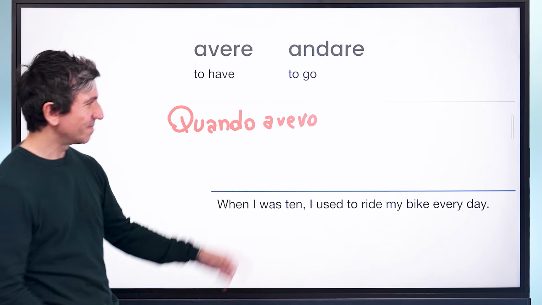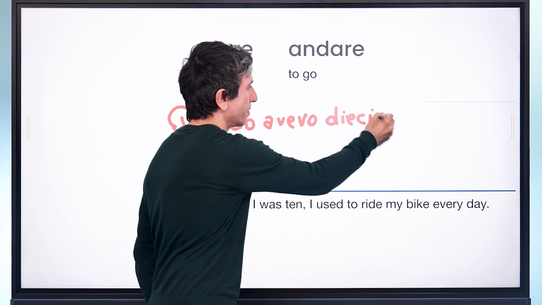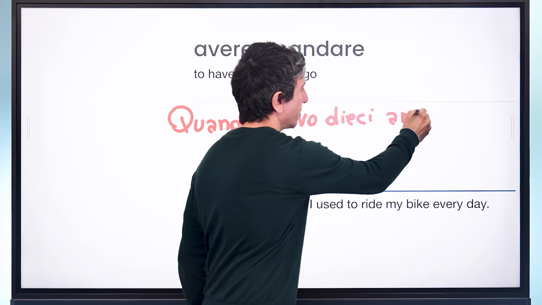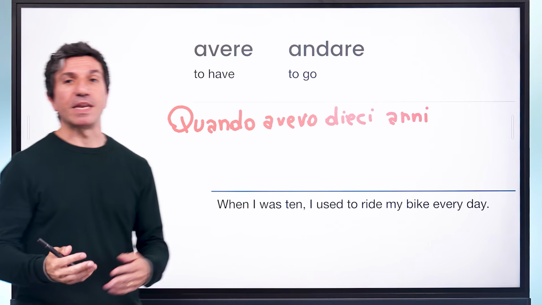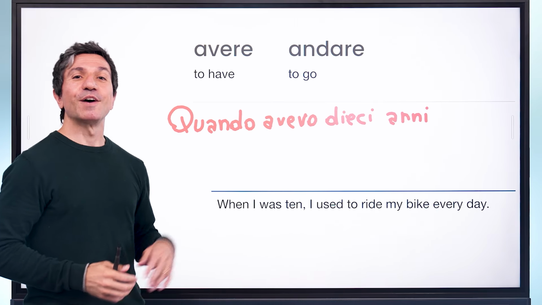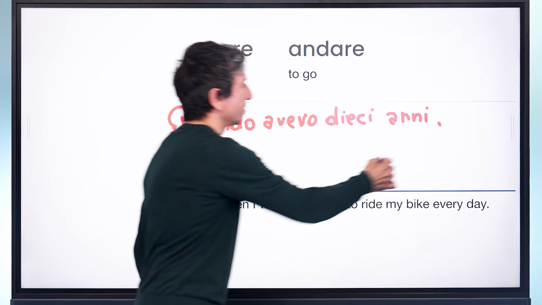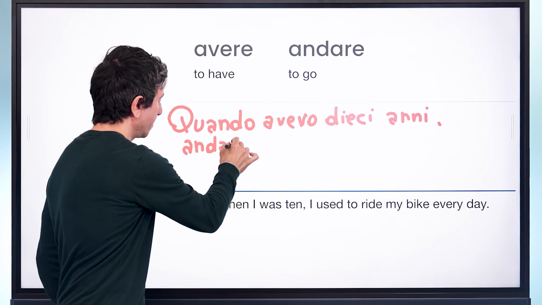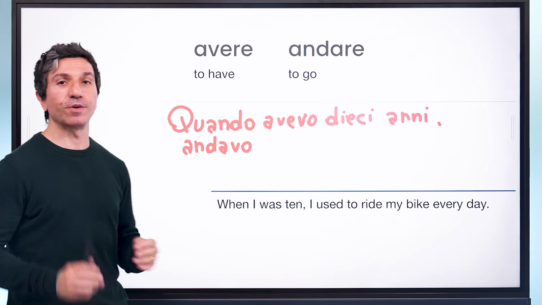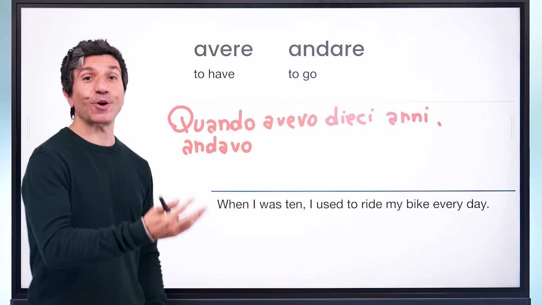Next, 10 anni, meaning 10 years old, followed by andavo, the imperfect form of andare, meaning I used to go.